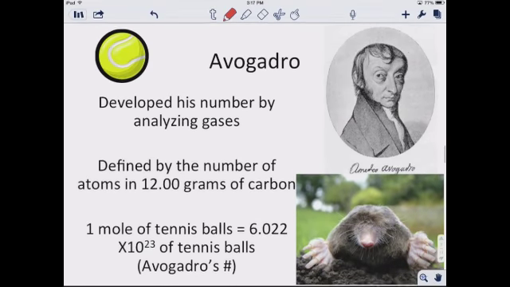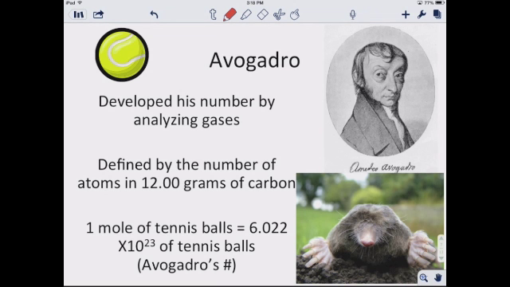So Avogadro did experiment and analyze gas. He developed this number by looking at different gas volumes and different particles. Now, the mole is defined as the number of atoms in 12 grams of carbon, and specifically 12 grams of carbon-12.